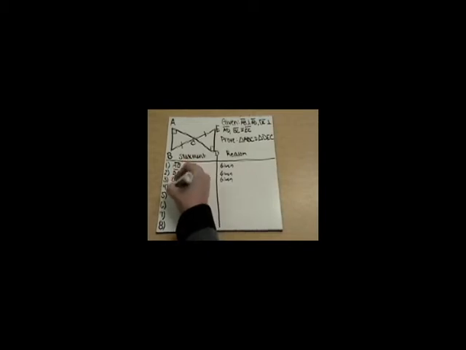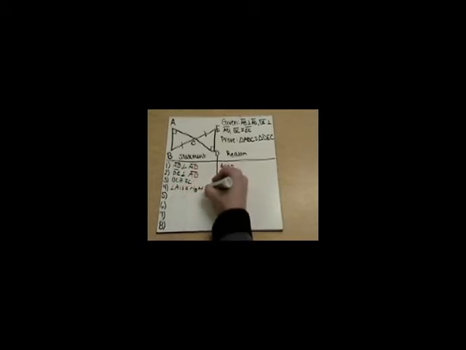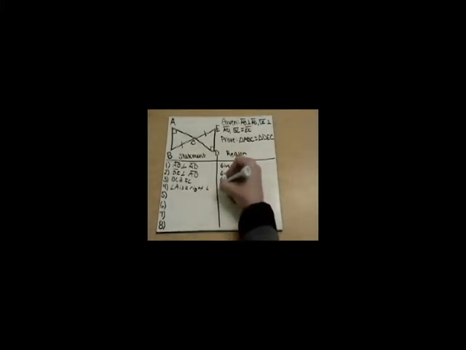So I gotta put angle A is a right angle. And that's the definition of perpendicular angles. I'll just abbreviate it to that.